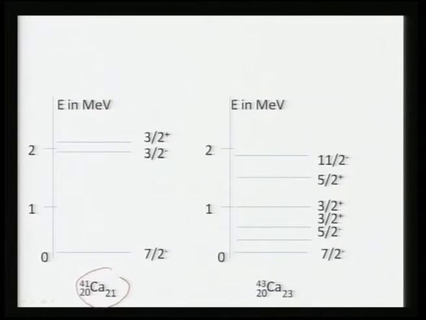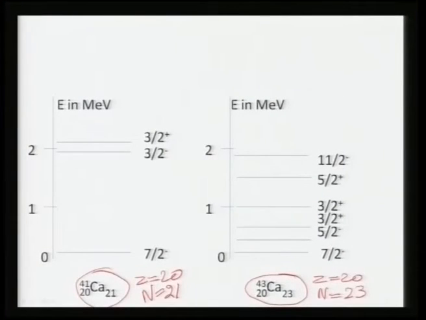Calcium 41 is here, that is Z equal to 20 and N equal to 21, the same diagram that you had in the previous slide. And this one is calcium 43, so Z is 20 and N is 23. So, if I believe that extreme single particle model, there should be no difference, because the last unpaired nucleon is a neutron in both cases, and that neutron is in the F7/2 state, for N equal to 23 or N equal to 21.